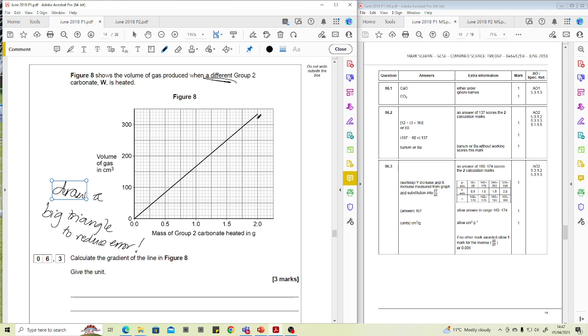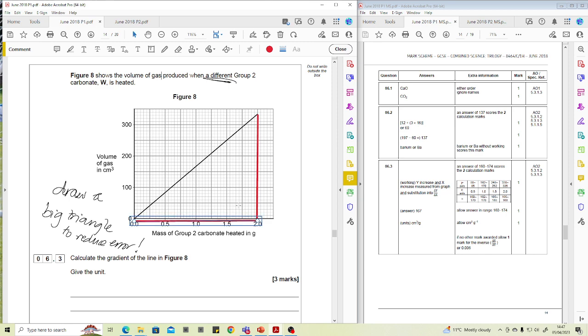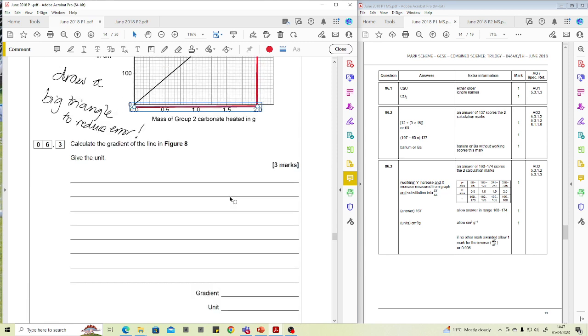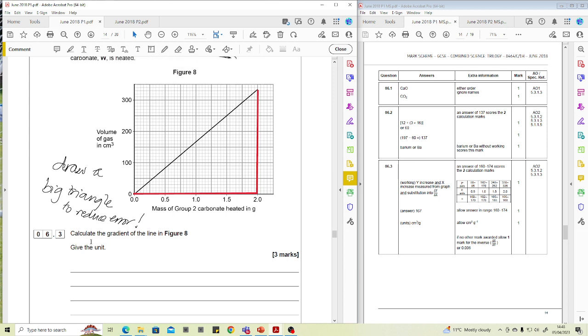Okay, and you should be able to do this and come out with a nice big line. Okay, another one. Good. Okay, so ultimately when you've got your difference in y's and difference in x's, you should be able to get something along the lines of 335.